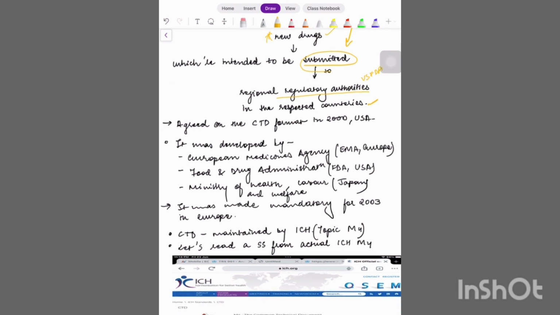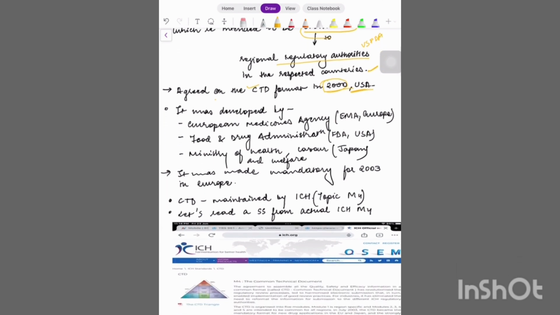And in USA, there are three timelines that we need to understand. One is this thing. There are two others which will come further on in this discussion. So CTD format was agreed in 2000 in USA. It was developed by European Medicines Agency, EMA Europe, Food and Drug Administration, FDA USA, and Ministry of Health, Labor and Welfare, Japan.